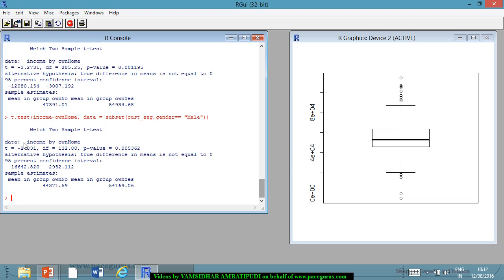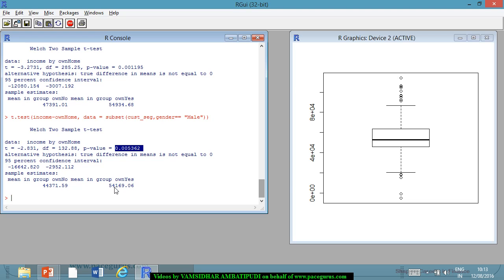In that case, a different test is performed. The p-value is 0.005, less than 0.05, so I'll go with the alternate hypothesis. Even among males, the income of people who own a home is different from the income of people who do not own a home.